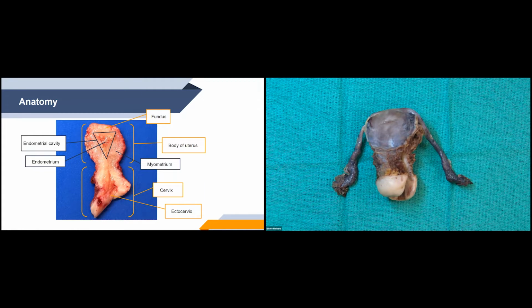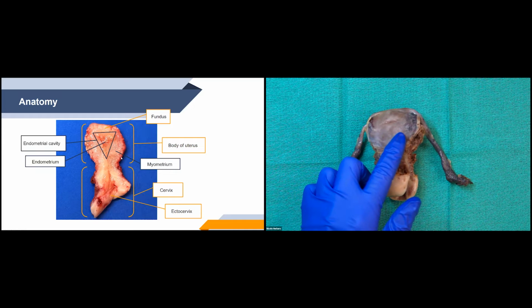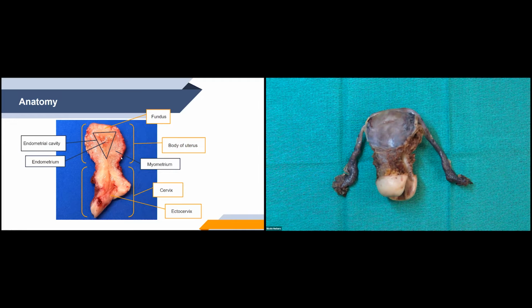And then on the outside, we have the serosa, which is the thin outermost layer of the uterus, which you can see on our specimen here, but not really on the picture there. And then the endocervical canal, and right above that endocervical canal is the lower uterine segment.